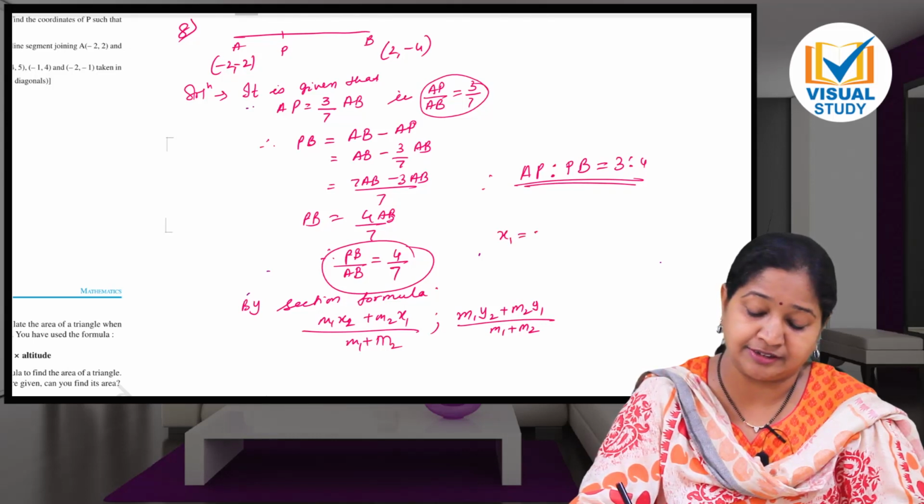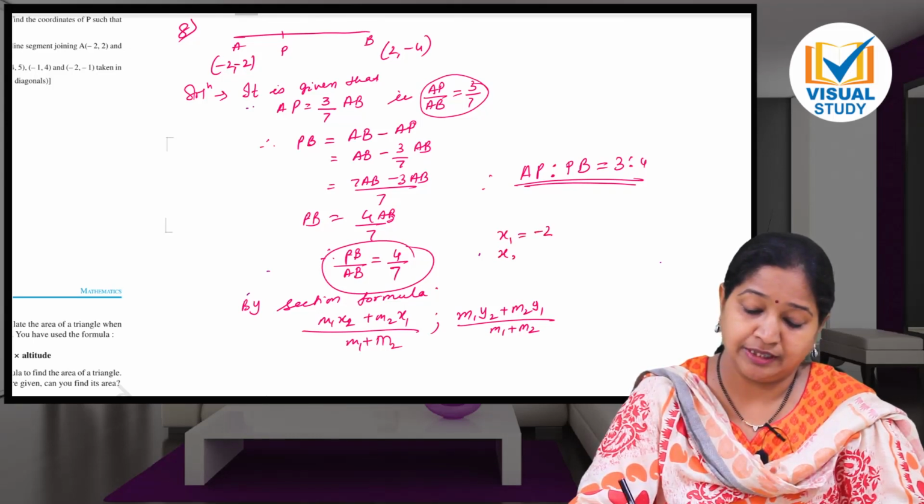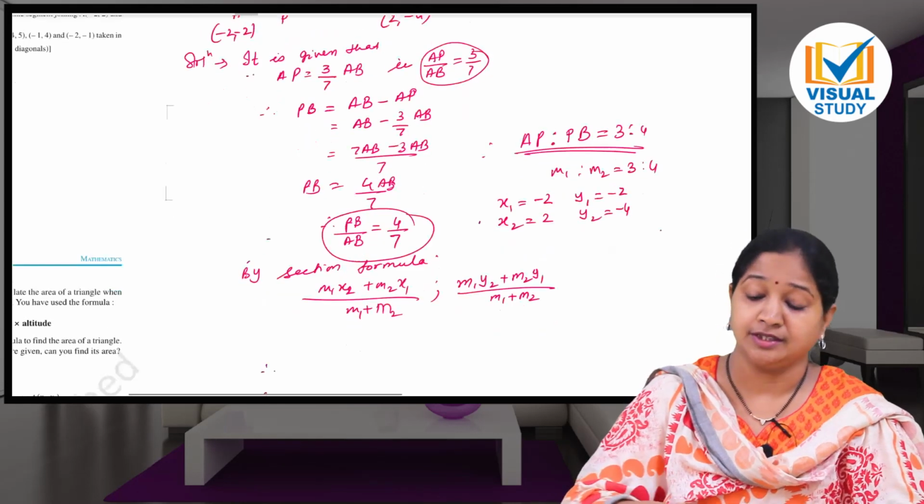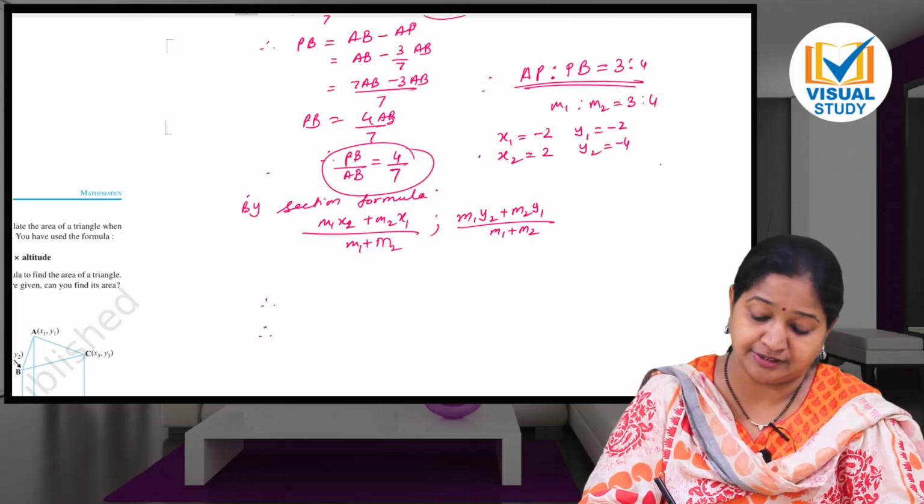Your x1 is minus 2, x2 is 2, y1 is minus 2, and y2 is minus 4. And m1 is to m2 is 3 is to 4. Now substitute all the values in this.